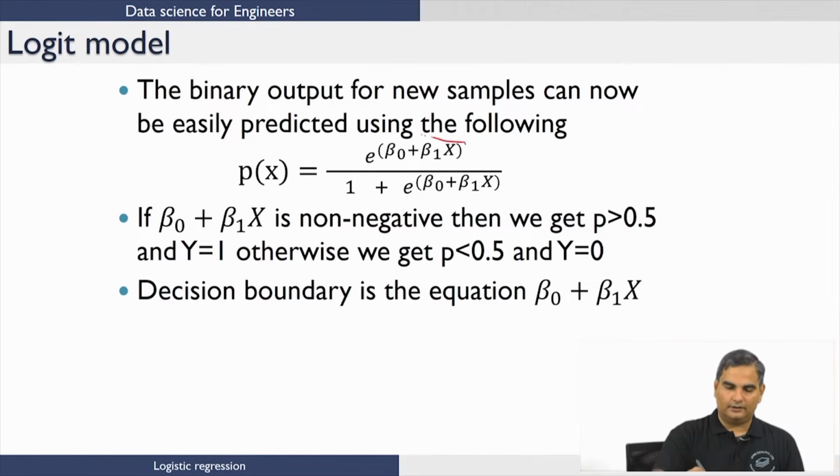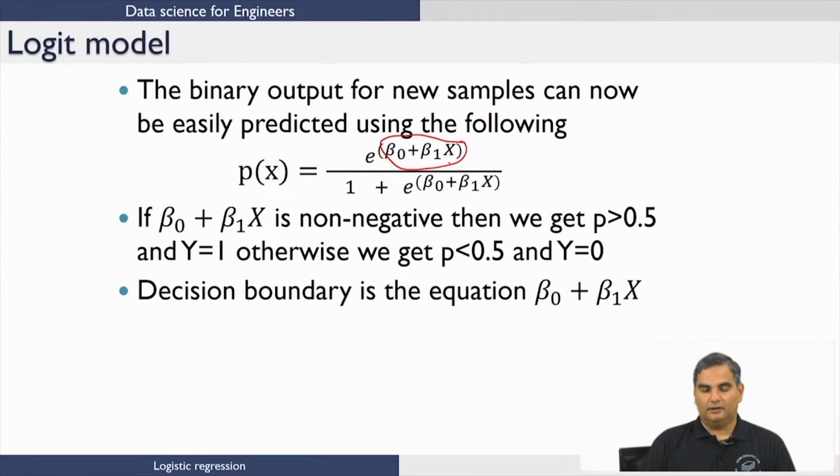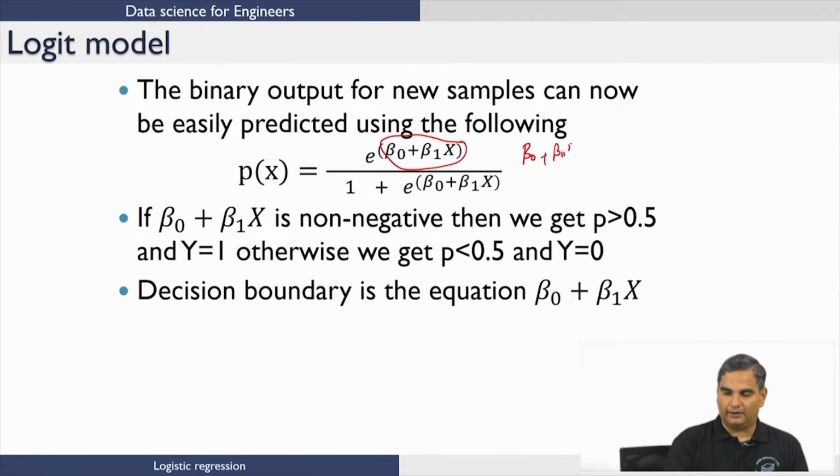Notice that this is your hyperplane equation, and in n dimensions this quantity is a scalar because you have n elements in x and n elements in beta 1, and this becomes something like beta naught plus beta 1 1 x 1 plus beta 1 2 x 2 and so on, beta 1 n x n.